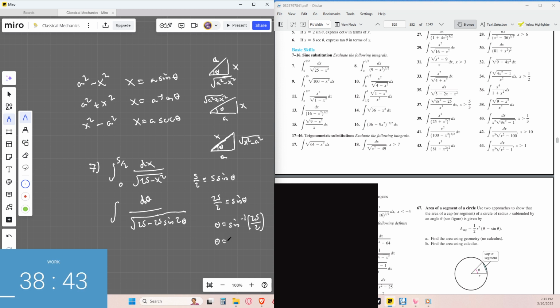which will give us, let's see, the sine of theta. Oh wait, no, wait.